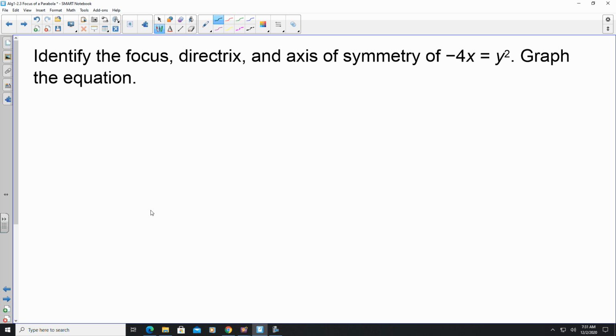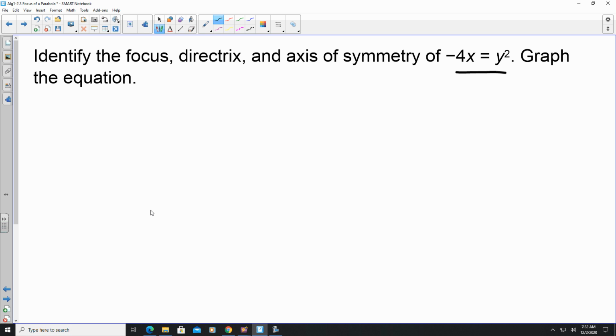So in this particular example, they're asking us to identify the focus, the directrix, and the axis of symmetry of negative 4x is equal to y squared. The first thing you have to be able to identify when you're looking at the equation is which way is my parabola going to possibly open?